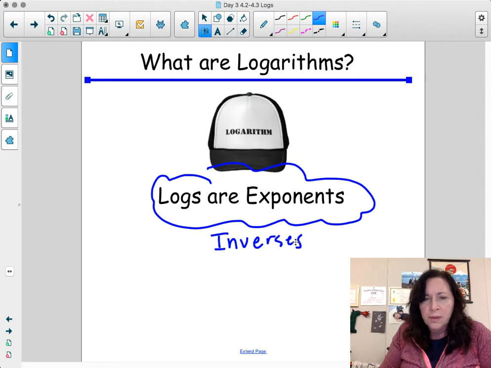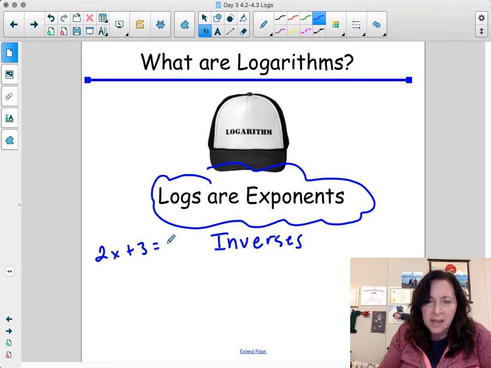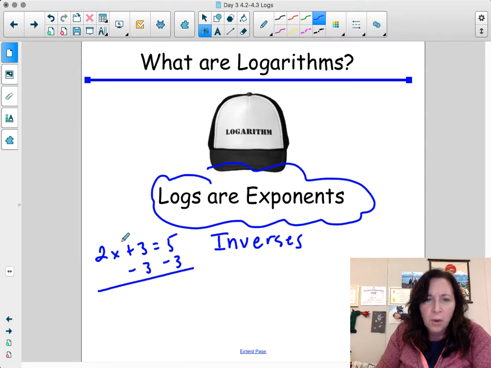And what that means is if we start off with an equation such as 2x plus 3, let's say, equals 5. The act of moving the 3 over, when you're trying to solve for x, your first step would be to subtract 3. Well, plus 3 and minus 3 are inverse operations.